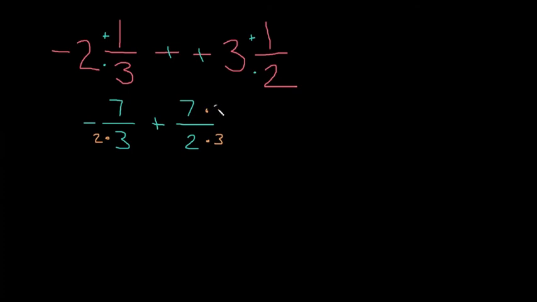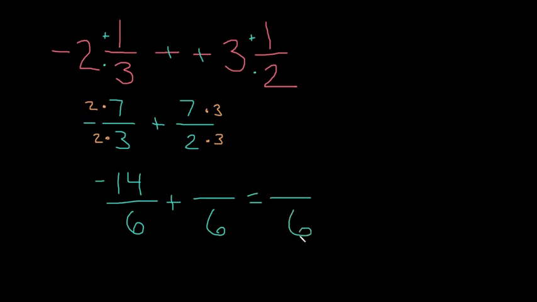And we'll do the same to the tops. 2 times 7 is 14. And we know this is a negative, so I'm just going to make that a negative 14. 2 times 3 is 6. We're adding now because this was a double negative, and we know the denominators are going to be 6's. And so 3 times 7 is 21.